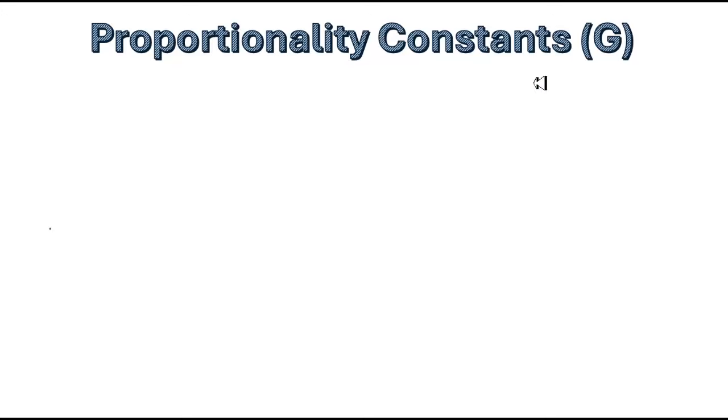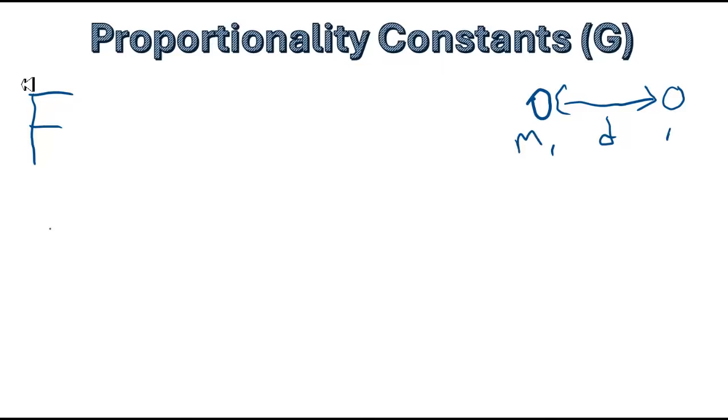Let's say we have two gravitational objects that are separated by some distance d. Now we write the proportionality equation, and this is a force equation, where m1 and m2 are mass 1 and mass 2.